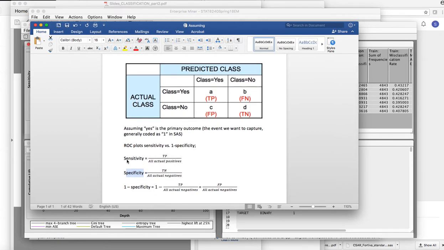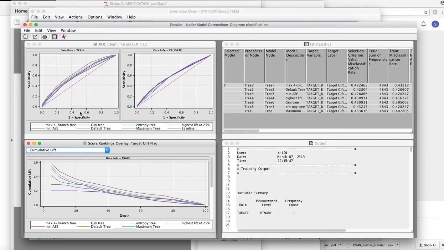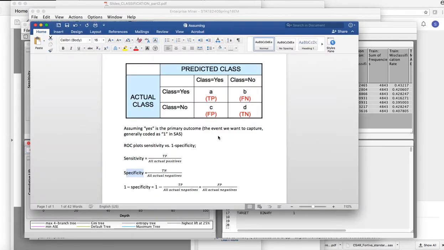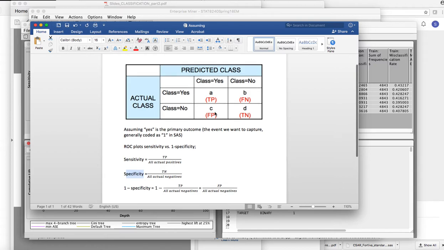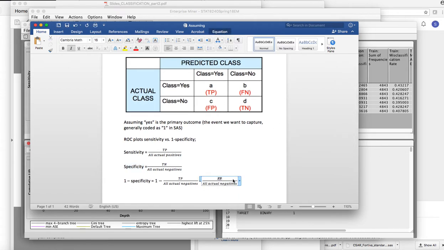So both sensitivity and specificity are a kind of correct rate. The x-axis of my ROC curve is 1 minus specificity, so it is actually the proportion of the false positive prediction cell, in my second row, where the actual class is no. So it can be considered a kind of false positive rate.